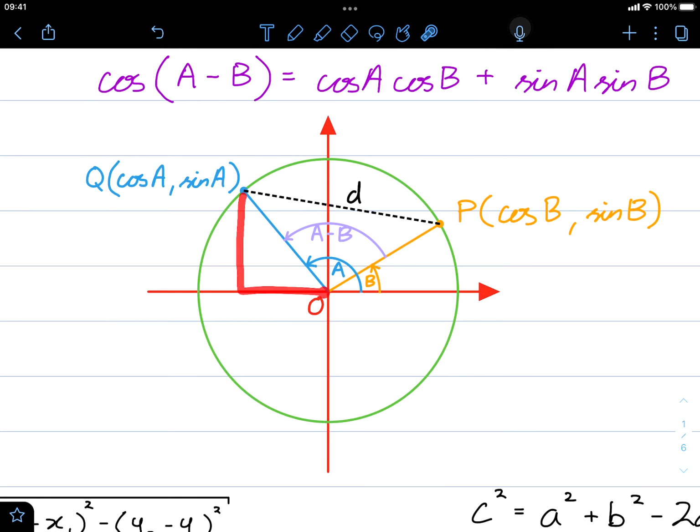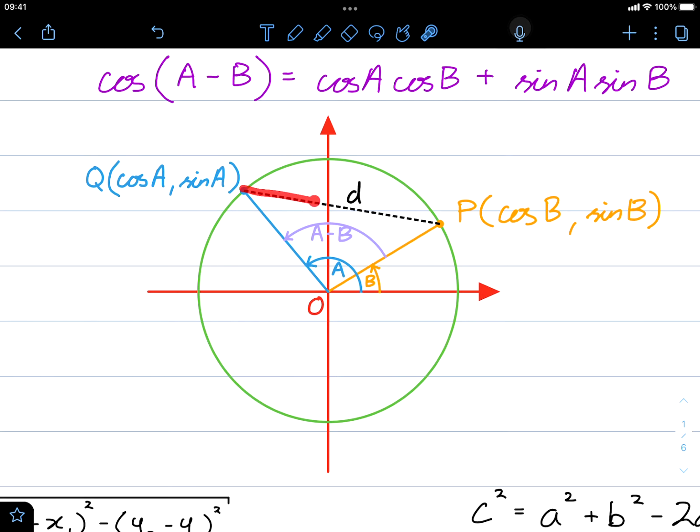We draw the triangle. It has some distance of X, some distance of Y. Therefore, its coordinates X and Y are cos A, sine A, since the angle here is A. The difference of the angles, so the angle in between them, is just angle A minus angle B.